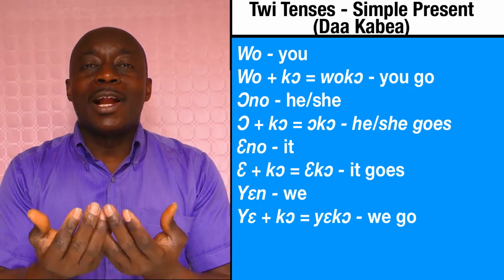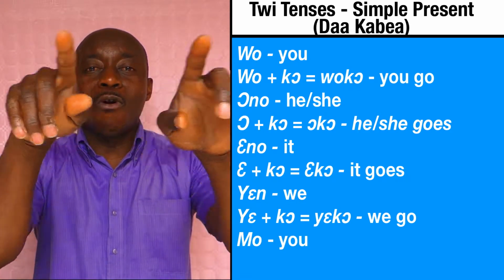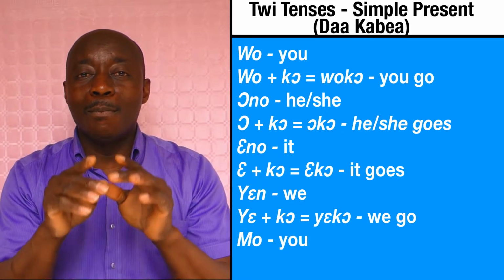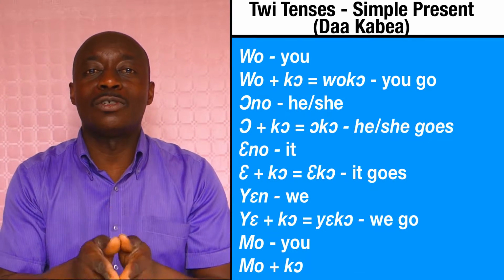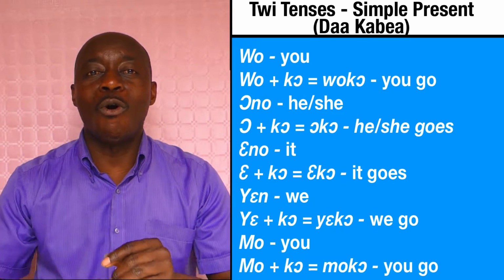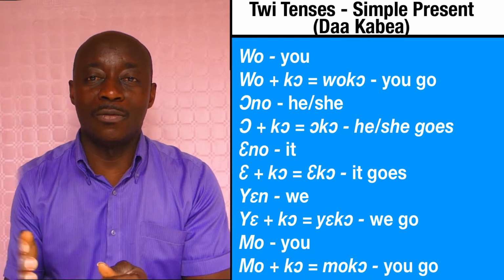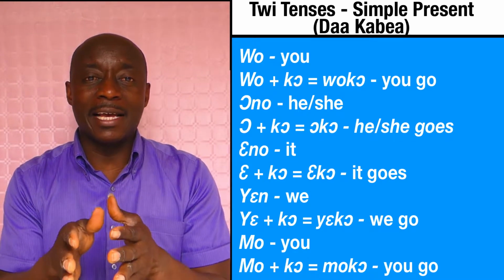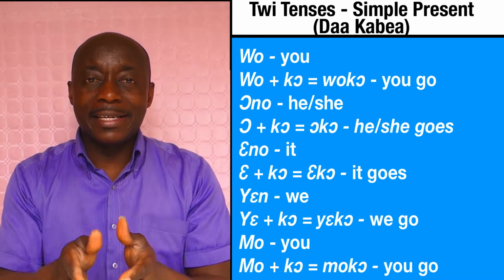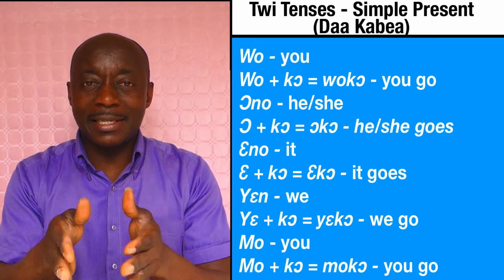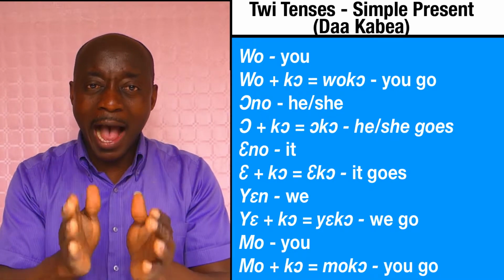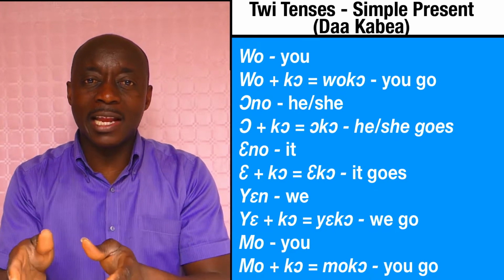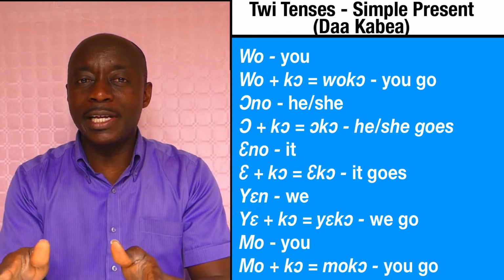Good. What about mo? That is you in plural. Mo plus ko will get what? Moko. Moko, you go. So the main point here is that in saying something in the simple present tense in Twi, all that you need to do is to add the pronoun together with the verb. You don't do anything with the verb.